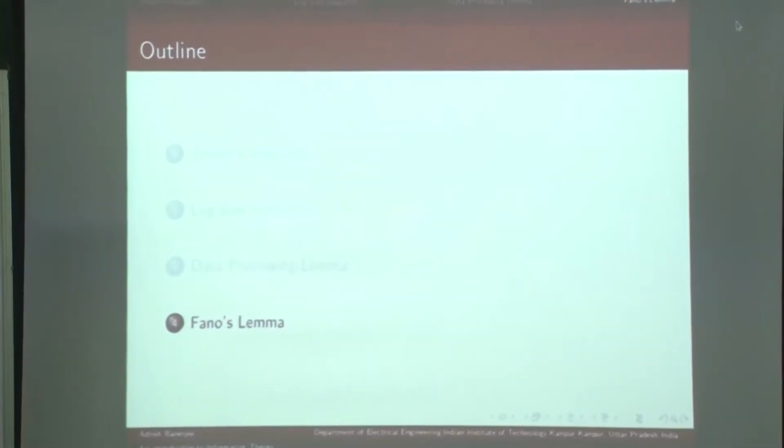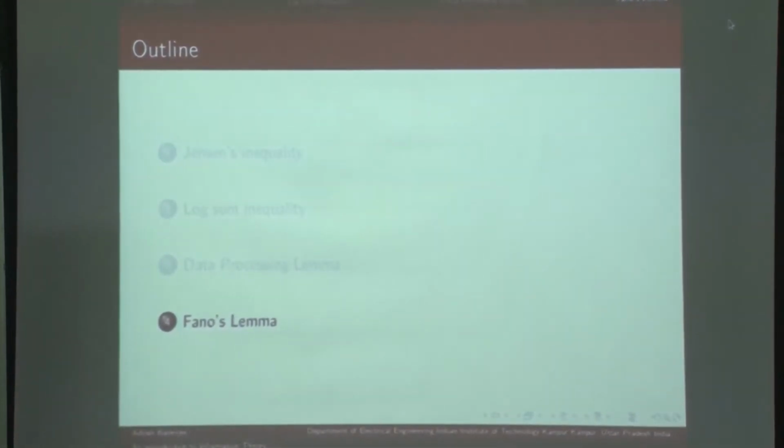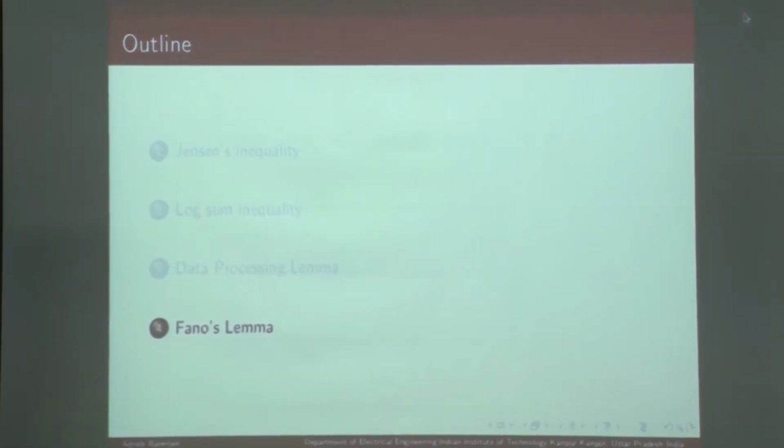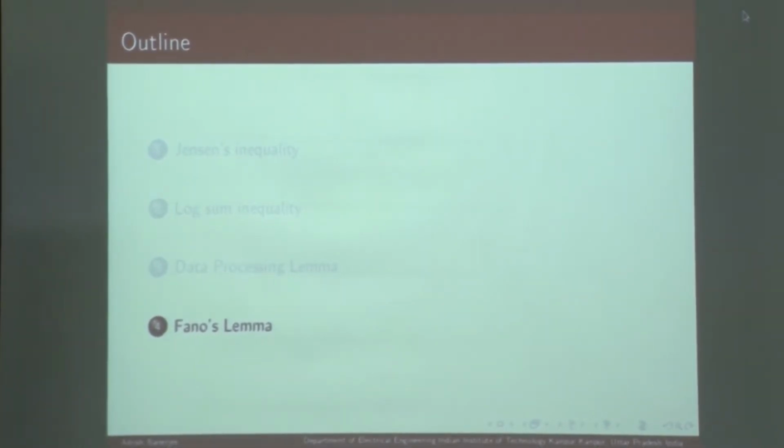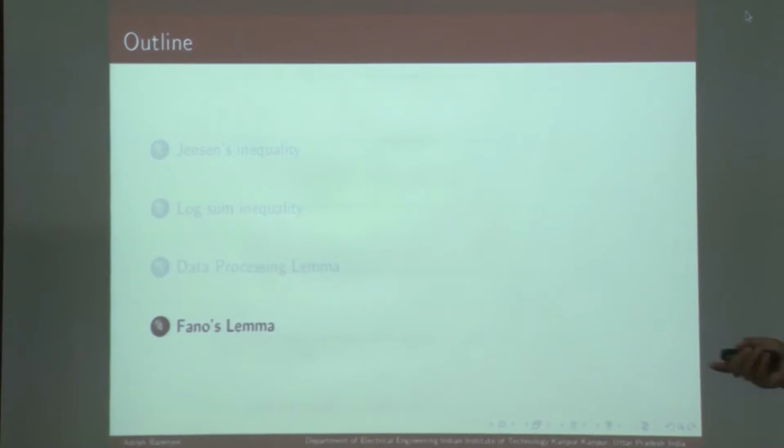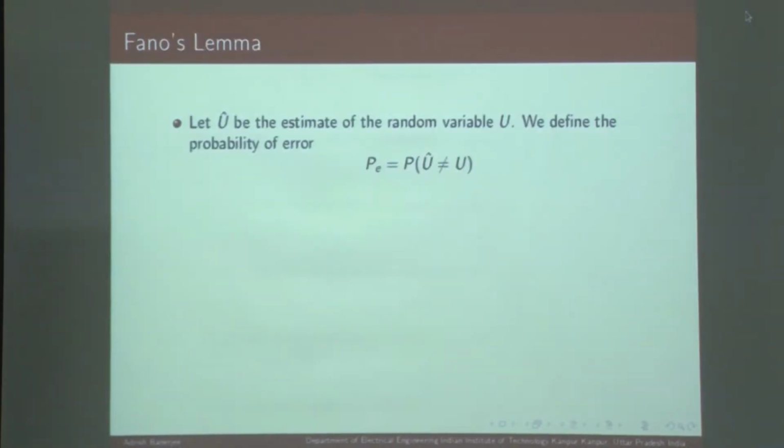Now, we will move to our final lemma which we are planning to prove here, which is Fano's lemma. Again, this is a very useful lemma. It is used in proving the converse of many theorems, and it relates the probability of error to the estimates of a random variable.